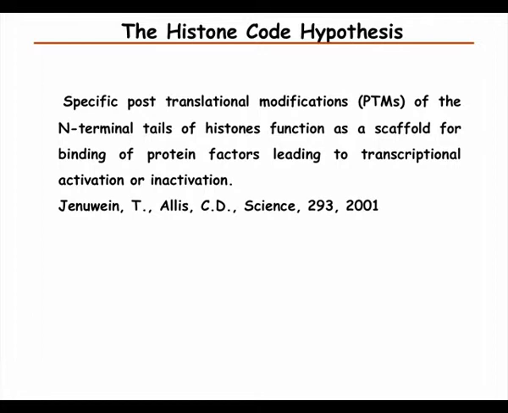What David Allis came up with was that there is a histone code. These modifications of the histone tail serve as scaffolds and signals to different binding proteins to switch between states of transcriptional activation and inactivation.